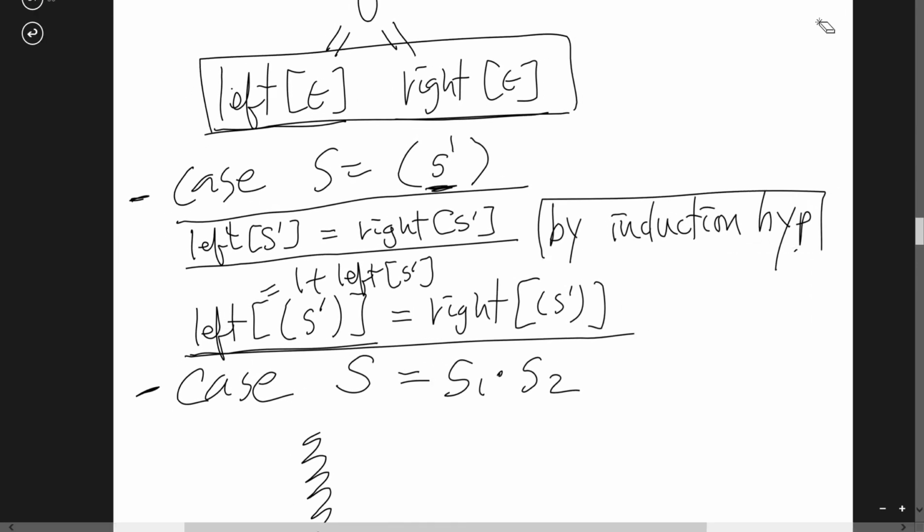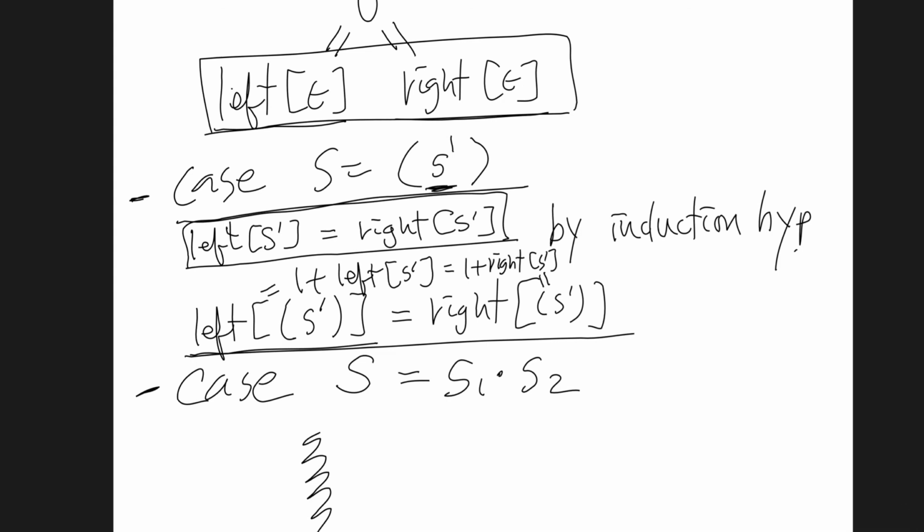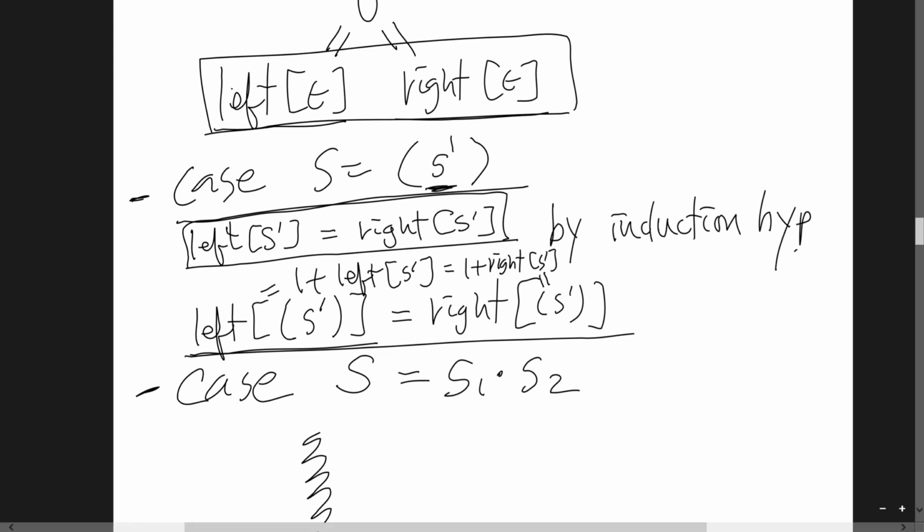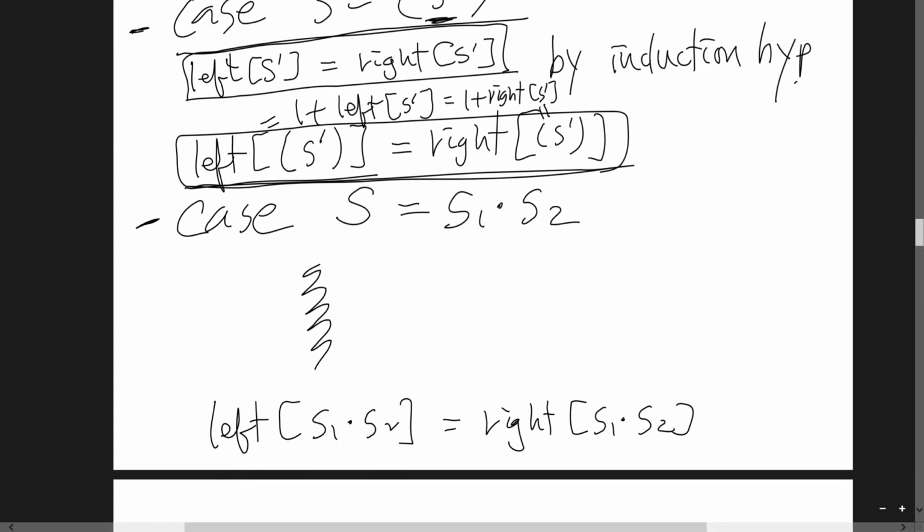Then, by this induction hypothesis, this is equal to 1 plus right S prime. Then, by the definition of the function right, this is equal to the right-hand side of the equality. So by transitivity, we have this equality. So the second case is also finished.